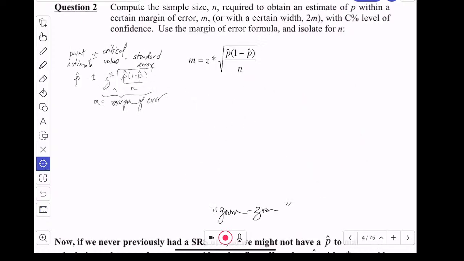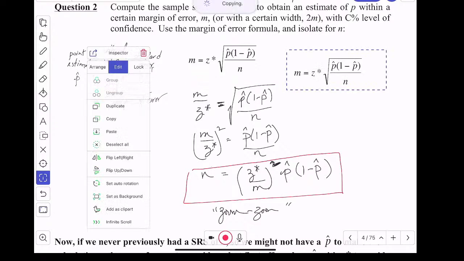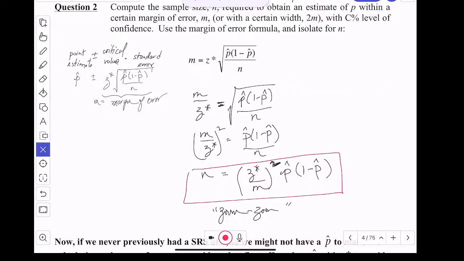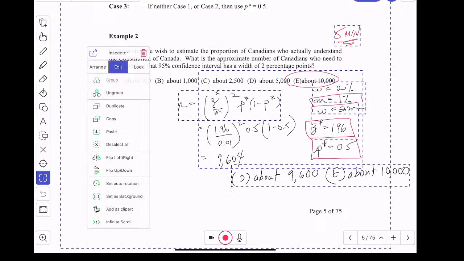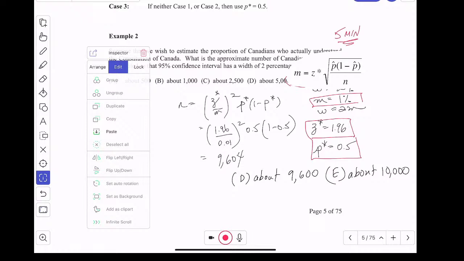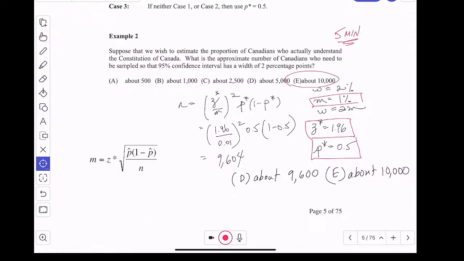If you go back, where did we begin? We began here, and then we manipulated this expression. So the larger the sample size, the smaller the M, everything else the same.